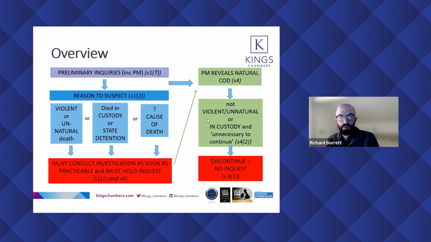So, in one example, there was a young child having an asthma attack, clearly a natural disease. However, there was a failure to send an ambulance, and that failure to send an ambulance was causative of the death. So clearly that became unnatural by virtue of the fact that there was a failure to provide care and intervene.